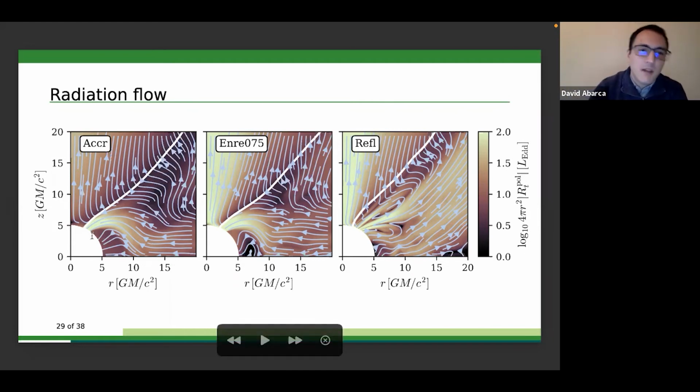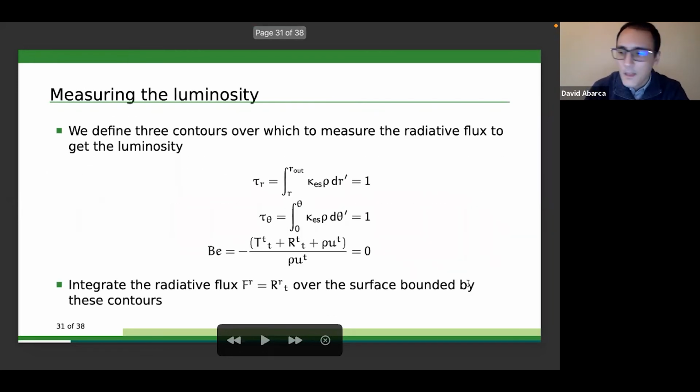Normally, in the full 3D setup, radiation would be released, hit the other side of the column, bounce around a little bit, and eventually be collimated. So the true radiation field probably doesn't look like this near the column, but it does eventually become collimated farther away. So it's still a good approximation for what's going on.